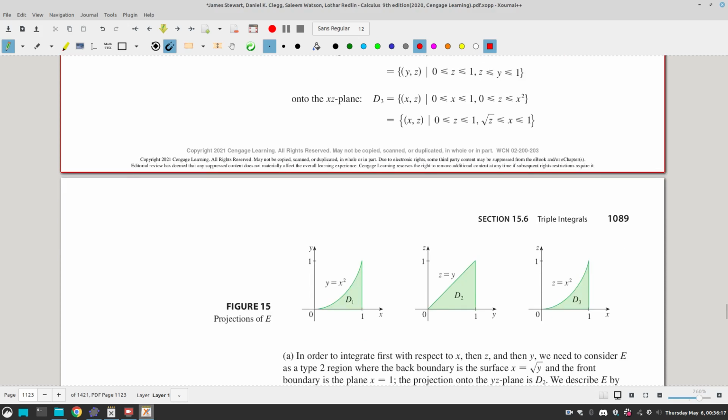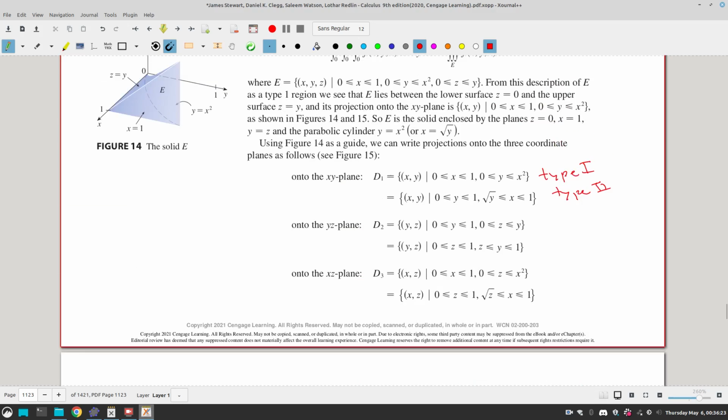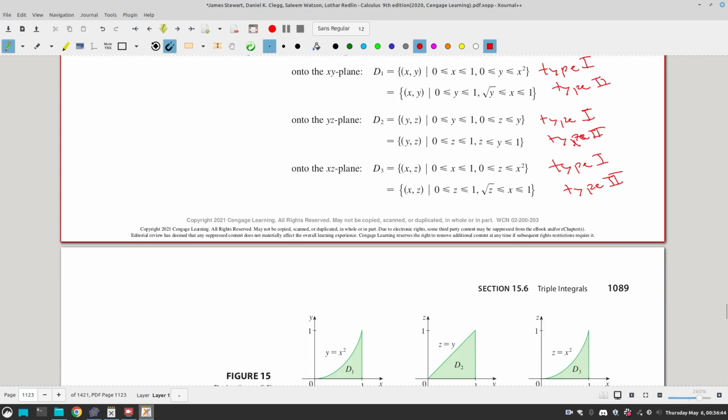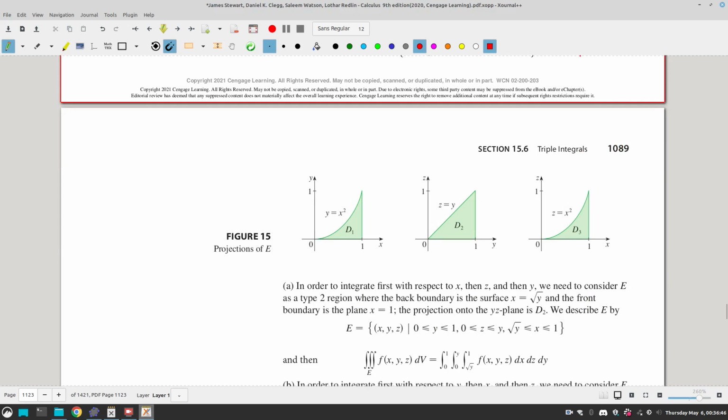So this is D1, the projection on the xy plane. You could write y equals x squared as x equals root y. Again, this is type 1. So we have type 1 and type 2 on the xy plane, type 1 and type 2 on the yz plane, and type 1 and type 2 on the xz plane.